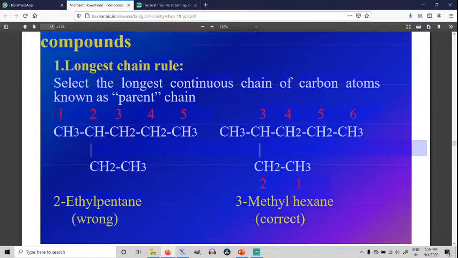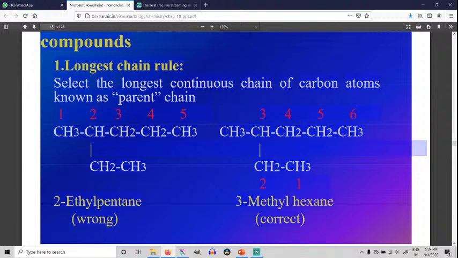Like in this case you can see this is the longest chain. If we start numbering 1, 2, 3, 4, 5, only 5 carbon atoms are there, and we can't treat this as an ethyl group. In the second example, 3-methylhexane is written. You can see 1, 2, 3, 4, 5, 6, there are 6 carbon atoms.